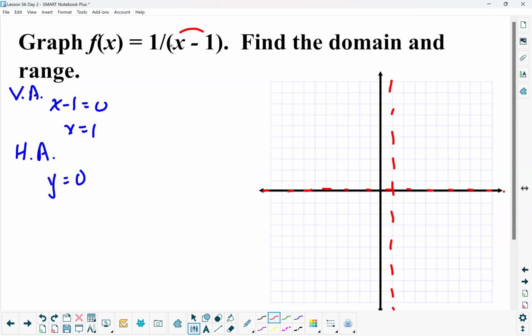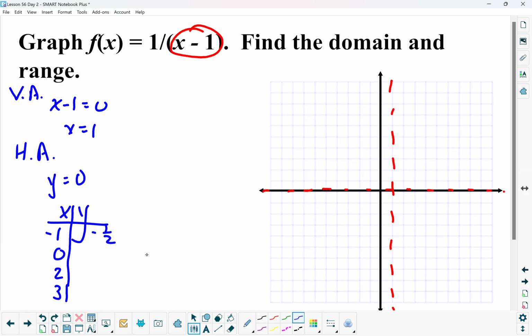Again, because we're taking x minus 1 in our denominator instead of just x, our graph shifts 1 unit to the right, minus and right. I can show that by picking values for x and y. I might pick -1, 0, 2, and 3. Notice I can't pick 1 because that's where my vertical asymptote is.